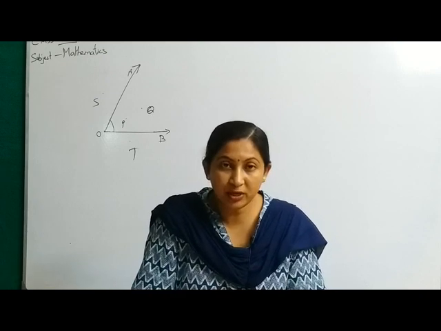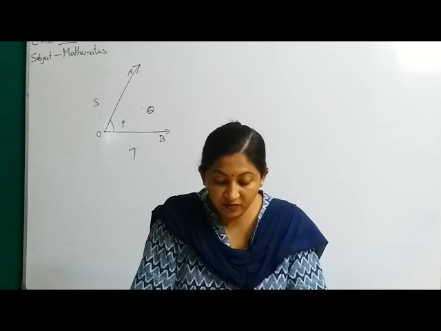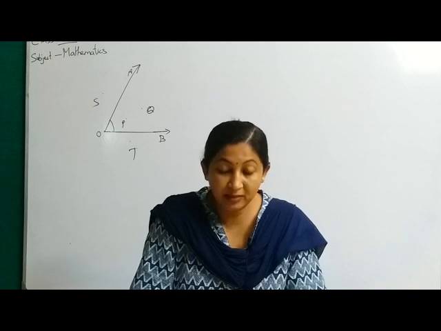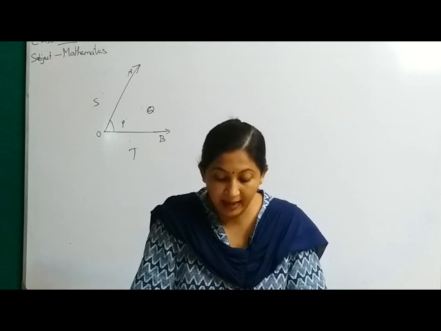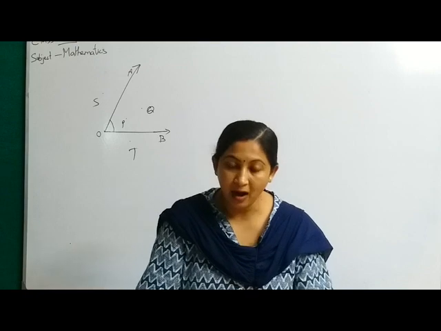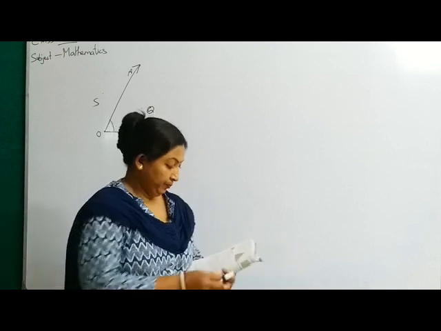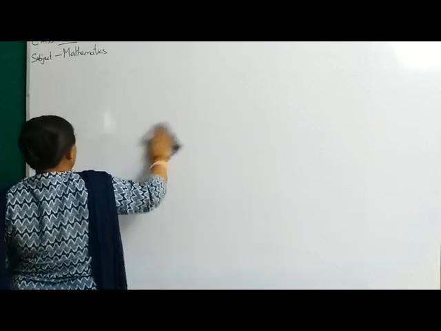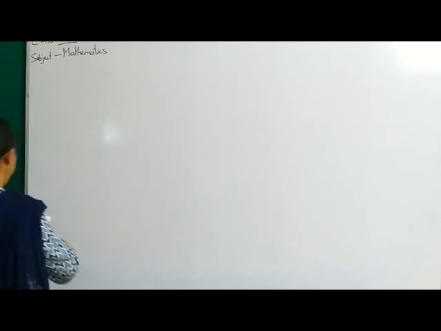Now come to question number 2. Name the angles in each of the following figures. Also name the vertex and the arms in each case. You have to write the name of the angle, the vertex and the arms of the angle. I am doing question number 2, and you will also start question number 2 in the copy.